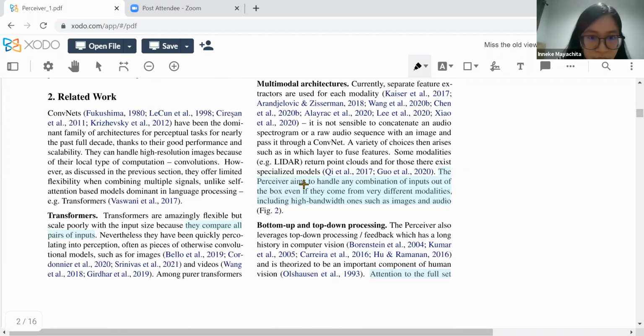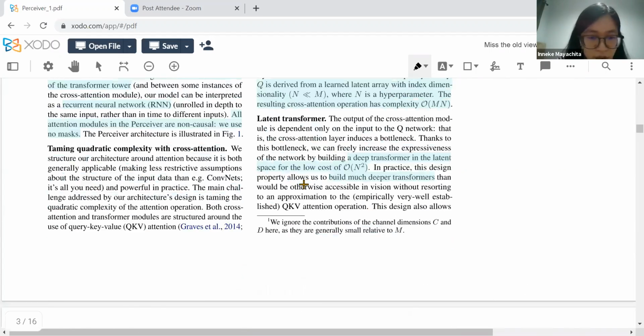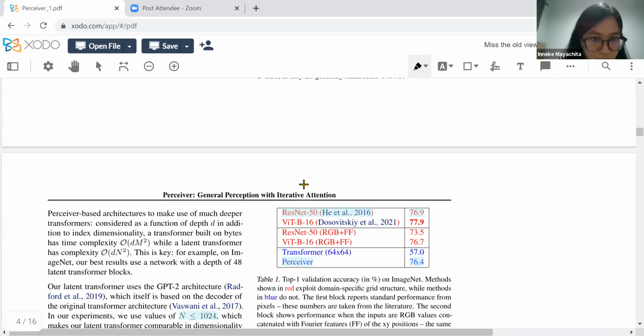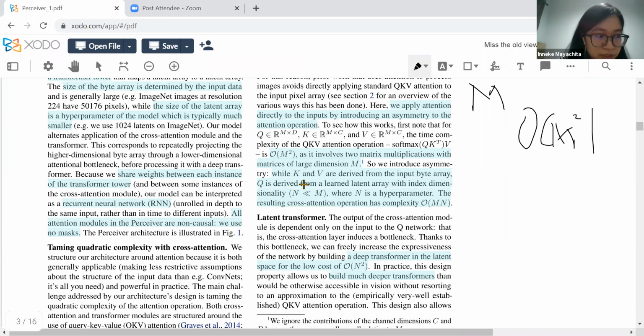So that's the general idea of how this architecture works and why they came up with such an idea, which I think really makes sense. It resembles the RNN also.